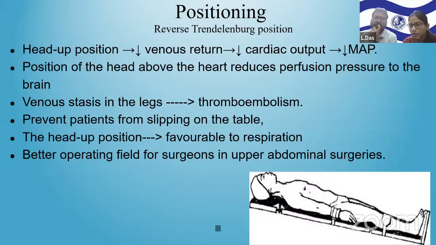We will assess our volume status carefully and adequately preload our patient. So before the pneumoperitoneum is created by the surgeon, it is important that you have a euvolemic patient, especially if there are associated cardiac problems like hypertension or any other low cardiac output state, valvular heart lesions like mitral stenosis, etc.